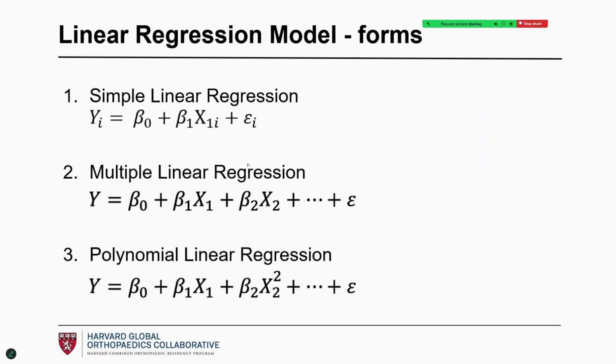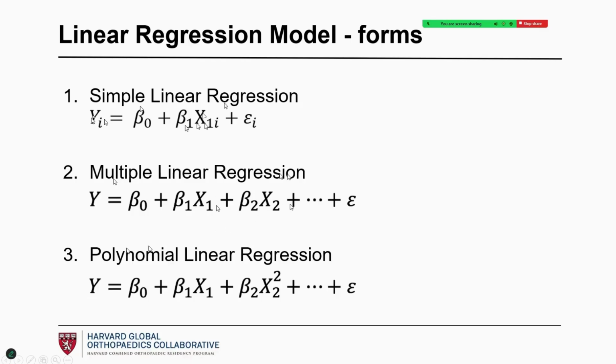So when it comes to the linear regression model, it can take multiple forms. For example, we could have a simple linear regression that we saw already, where we have only one independent variable and we try to see its relationship with the dependent variable y. We could have a multiple linear regression model where we have more than one independent variable.